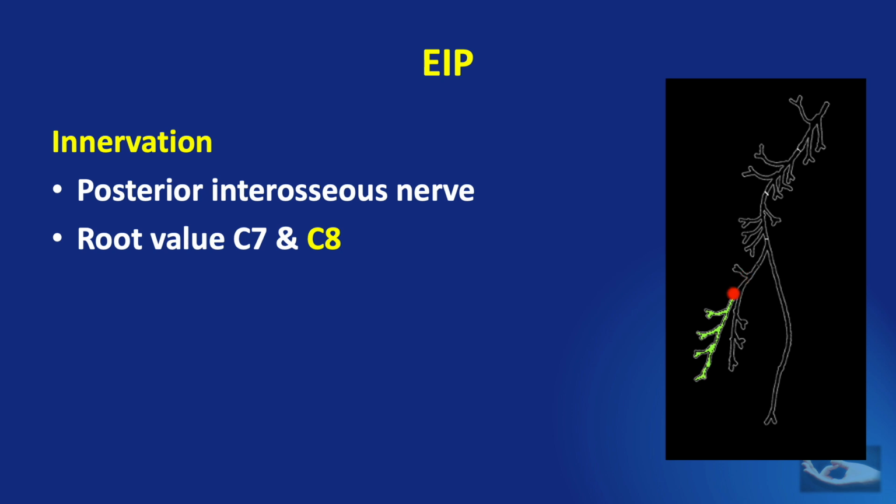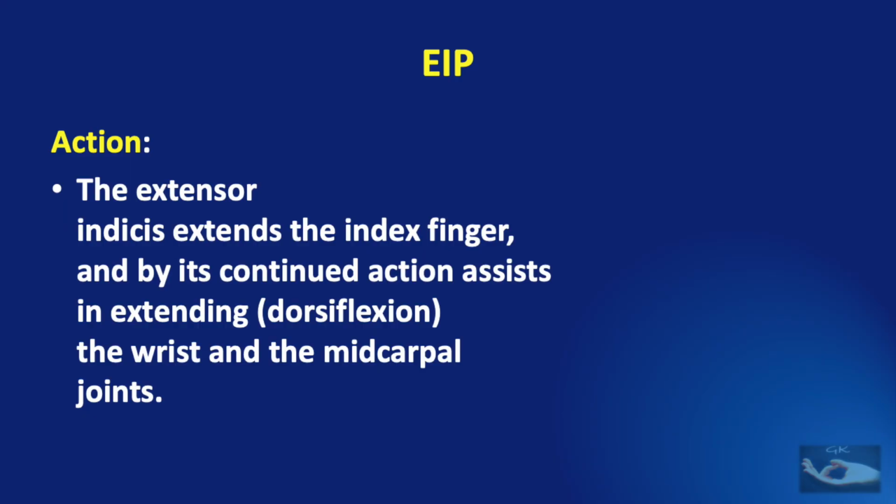This muscle is also innervated by the branch from the posterior interosseous nerve with a root value of C7, C8, with C8 predominating. The extensor indicis extends the index finger and by its continued action assists in extending the wrist and the midcarpal joints.